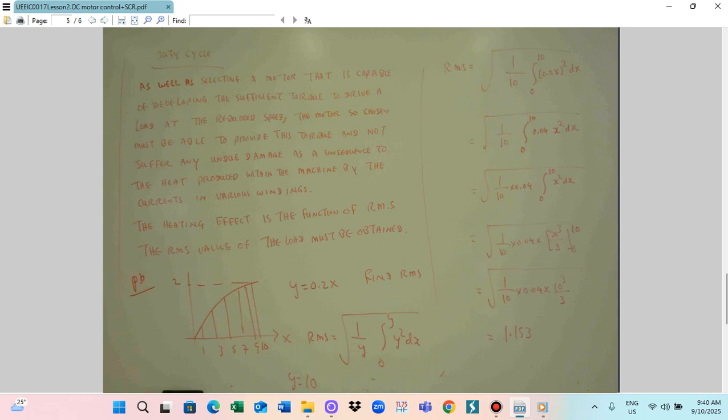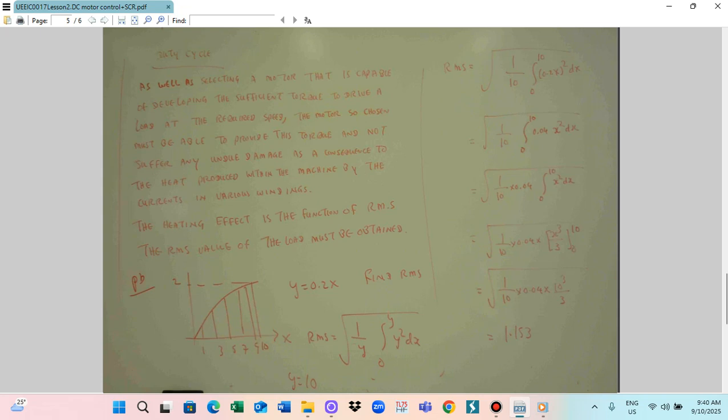Okay, so then we use 1 by 10, integration 0 to 10, 0.04, 8 square dA. So this is the square root of 1 by 10 multiplied by 0.04, integration 0 to 10, 8 square dA.